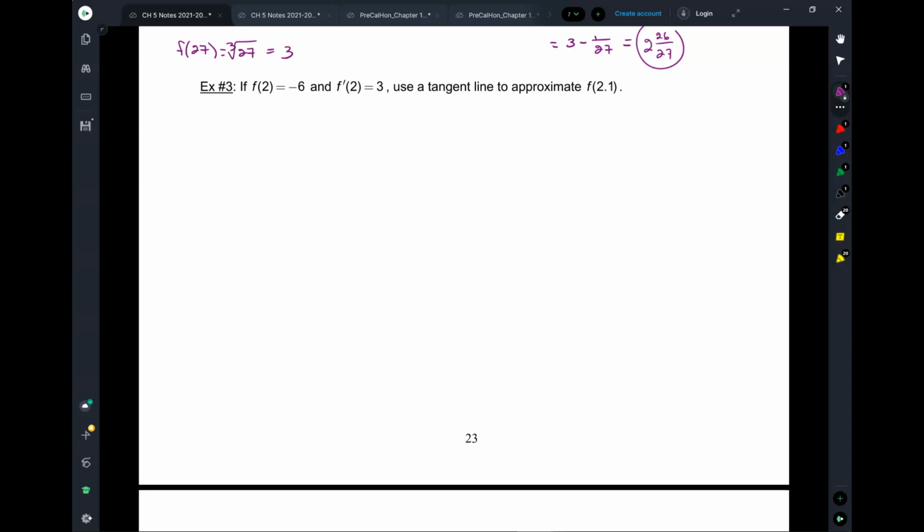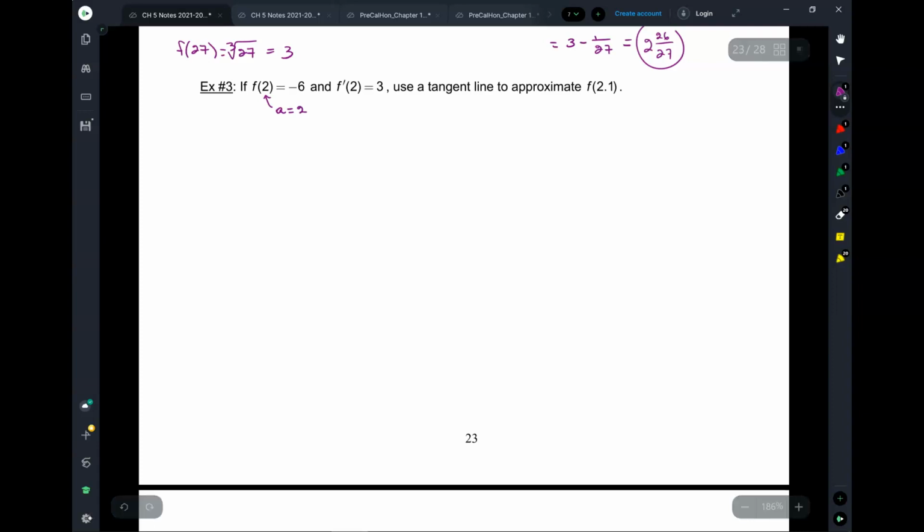Okay, so, all right, here we go. This is one way that we are usually asked this question. So look at what we're given here. We're given f of 2 is -6, and we're given f prime of 2 is equal to 3. So that tells us that this number 2 is our a.